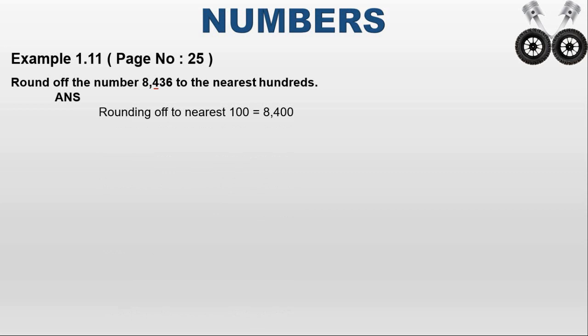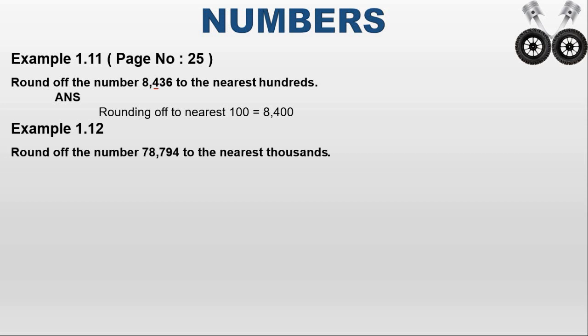What is the first rule? We have to see the right side of the number. What is it? That is 3. If the number is less than 5, what do we have to do? Write the number as it is and put 0. So the answer is 8400.